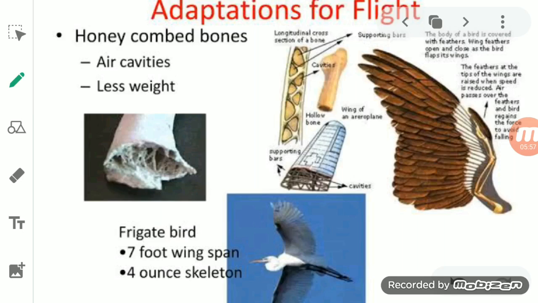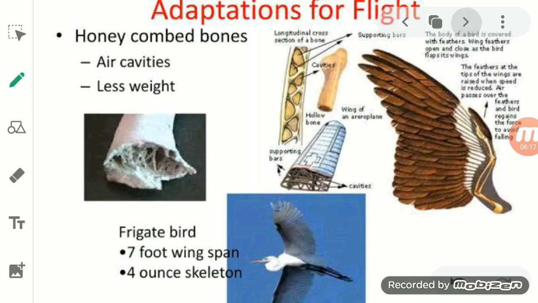They help the bird to fly. And why is it so? Because these feathers are light, due to which they are able to fly in the air. The birds also have light bones, but the bones are very strong.